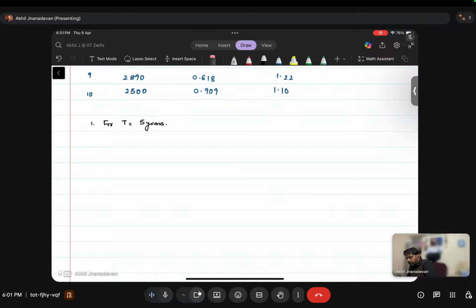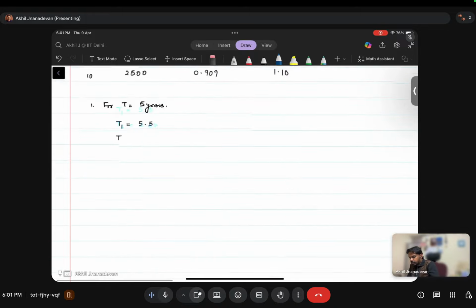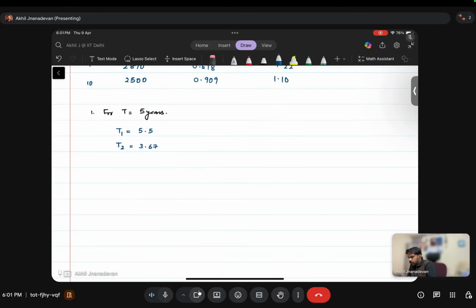So 5 years lies between T1 and T2, right? T2 will be 3.67. It lies between 5.5 and 3.67. Right, 5 will lie between these two. So corresponding to T1, our Q1 is 5020, and corresponding to T2, our Q2 will be 4700.